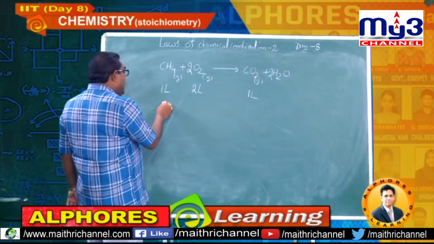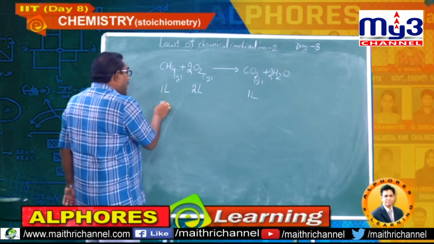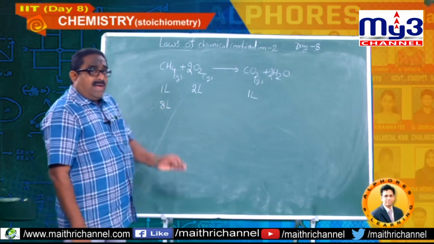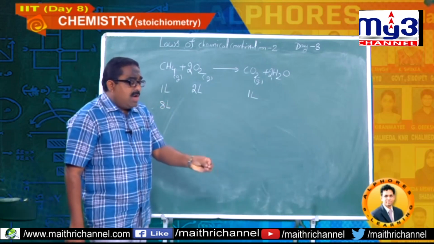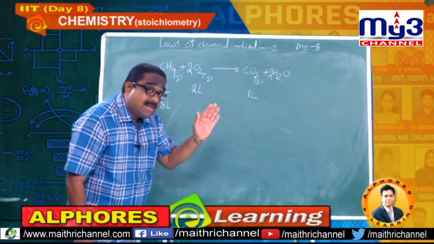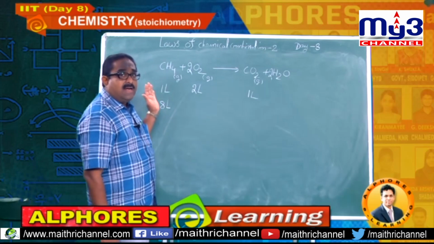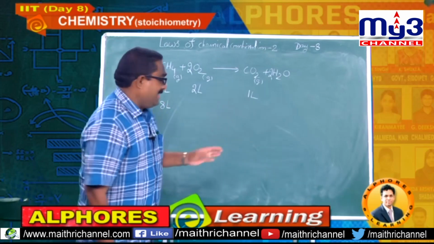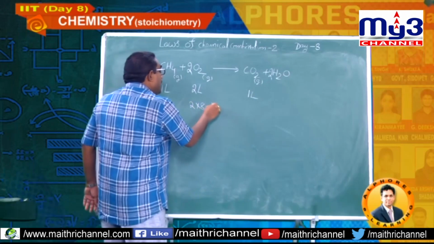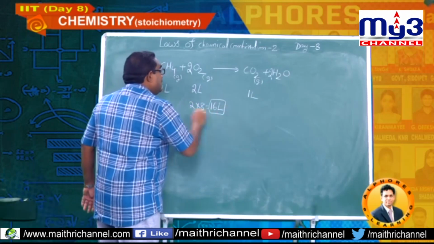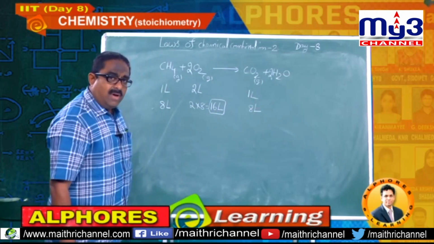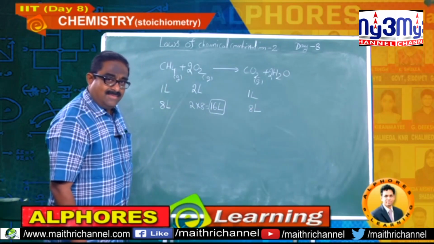If you are given 8 liters of methane, what is the volume of oxygen needed for its combustion under similar conditions? The condition is that temperature and pressure should be the same, right? Then you write 2 into 8 liters, 16 liters of oxygen is required, producing again 8 liters of carbon dioxide.